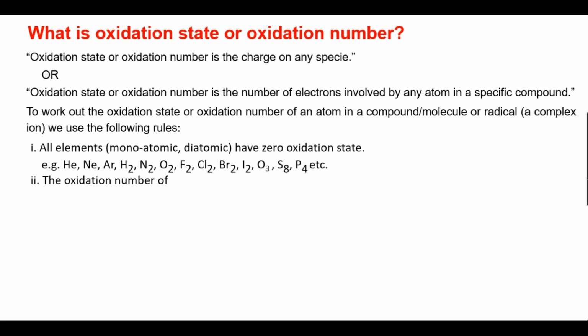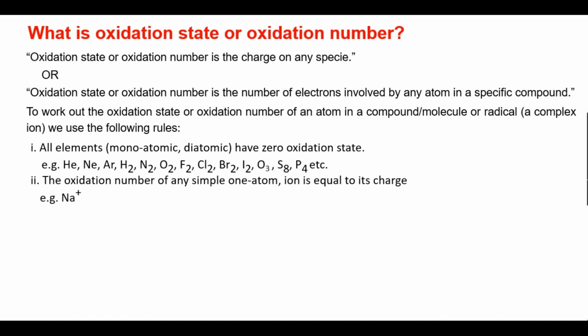Second rule, the oxidation number of any simple one-atom ion is equal to its charge, or shortly we can say any simple ion has the oxidation number equal to the charge of that simple ion.